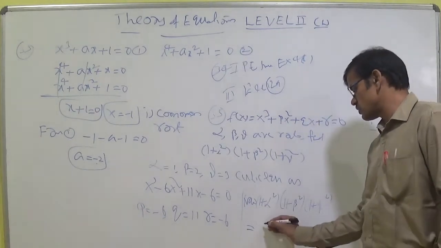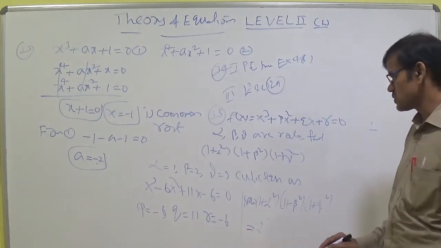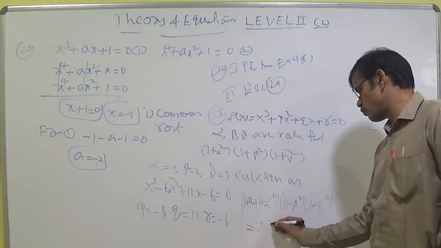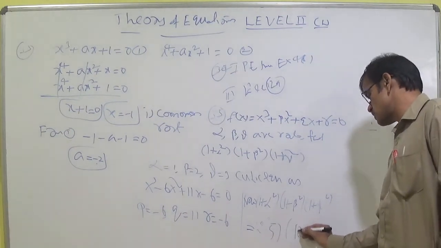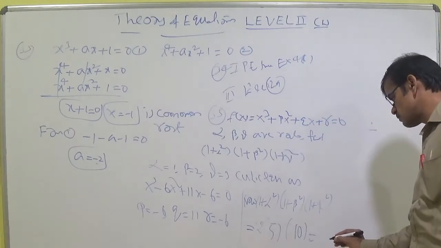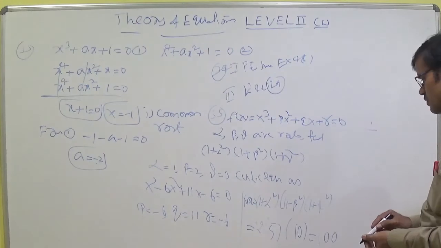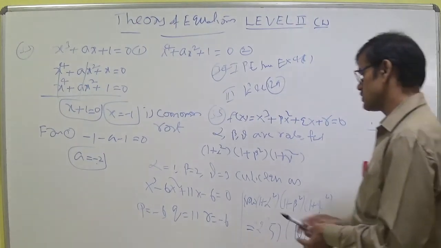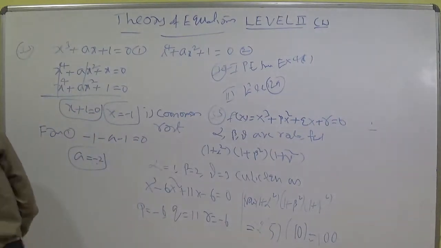So 1 plus 1 square is 2. 1 plus beta square means 1 plus 4, 5. 1 plus gamma square, 1 plus 9, it is 10. 2 fives are 10, 10 tens are 100 here.